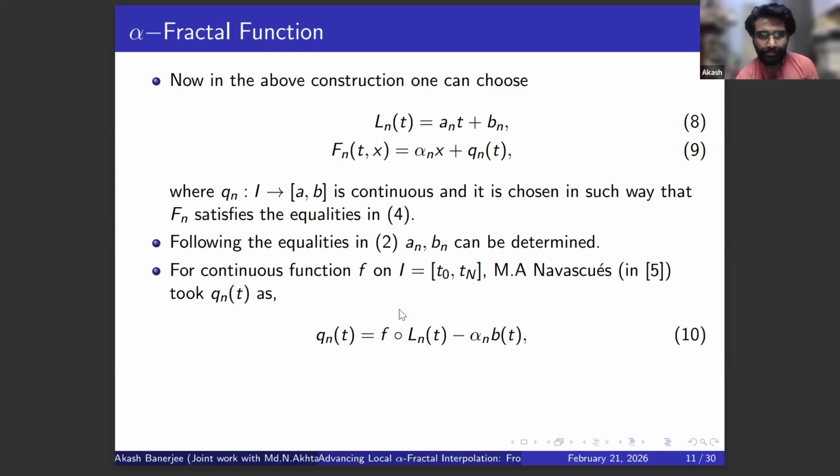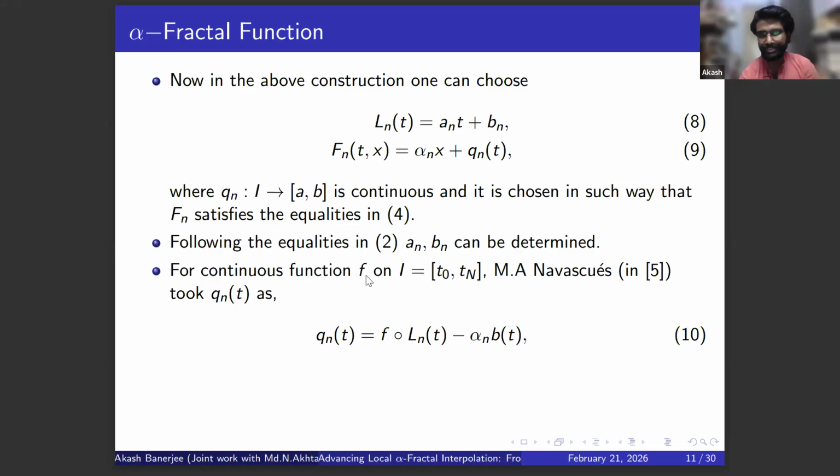In particular, what Navascués ma'am has considered as qn(t) is this: first of all we take a continuous function f which we intend to approximate with the help of fractal functions.